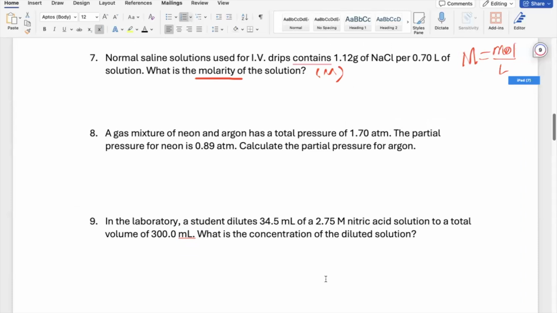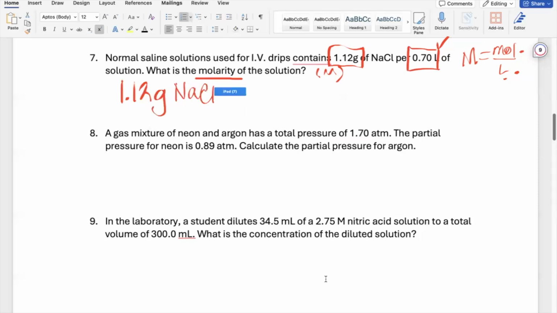So in order to solve for this, we need to have moles and liters, and right now we don't have that. We have grams and liters. Oh, I'm sorry. So we do have liters. So we need to go from grams to moles. So grams to moles of NaCl, we would need the molar mass.